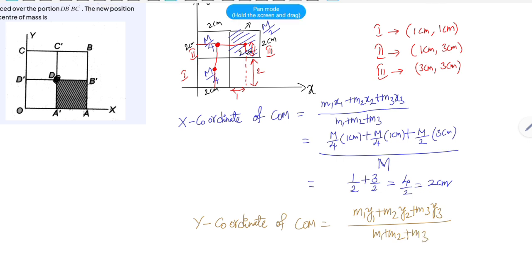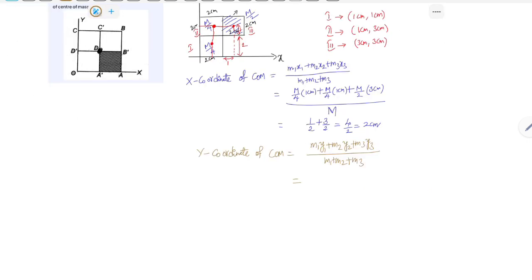Now m1 is m by 4 and what is y1? y1 is 1 centimeter, plus m2 is also m by 4. What is y2? y2 is 3 centimeters, plus third mass is m by 2 and y3 is 3 centimeters. Total divided by capital M. Now when you take m common, m cancels out. You will have now 1 by 4 plus 3 by 4 plus 3 by 2.